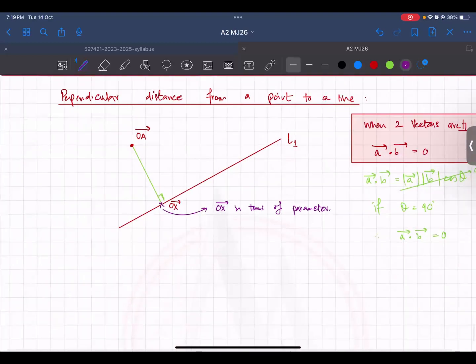And then you can find the vector AX. AX will be equal to OX minus OA. You have OA, they have already given you the external point OA. And you will find OX, the general point, in terms of the parameter.